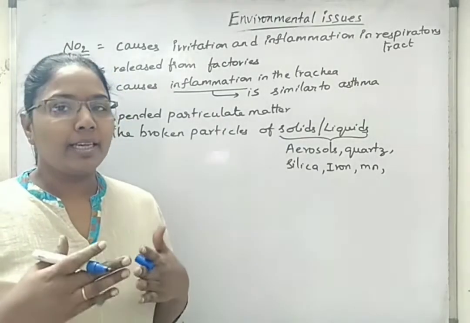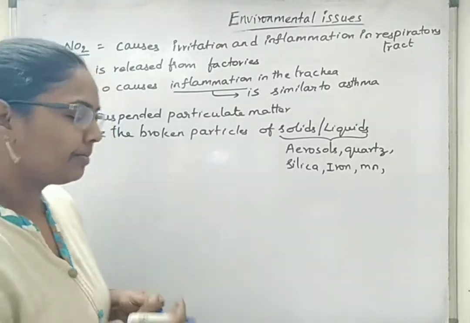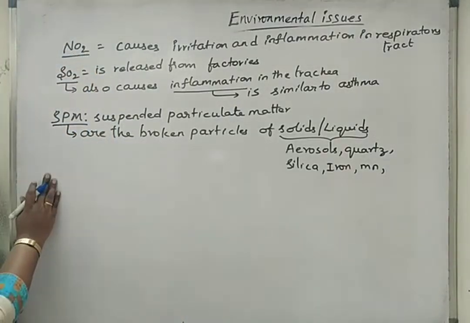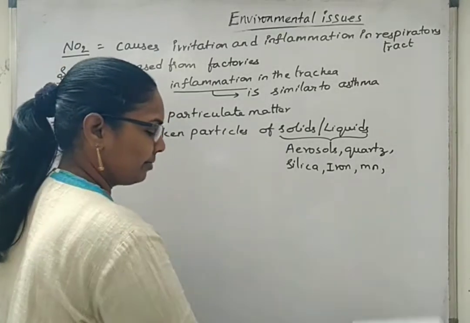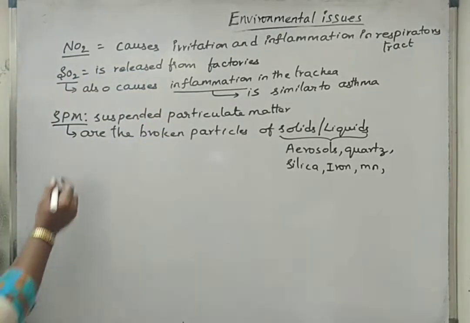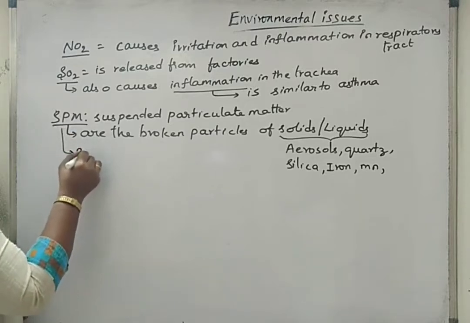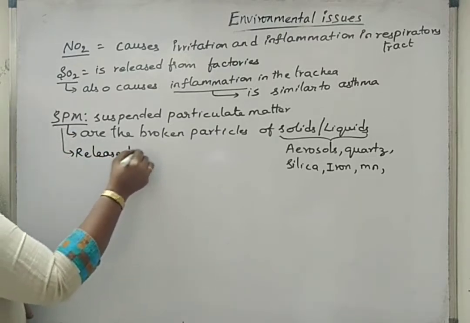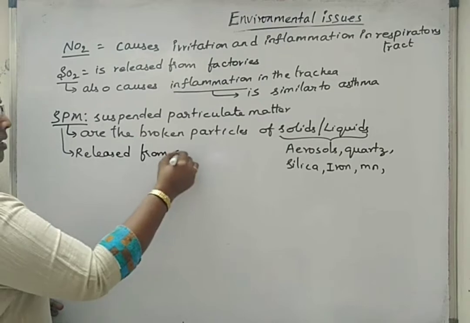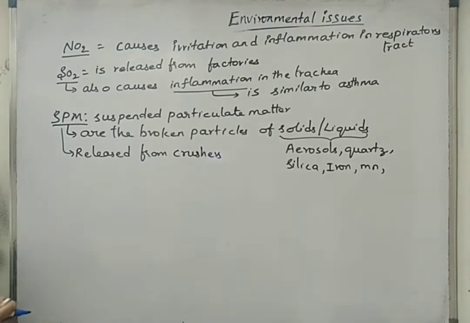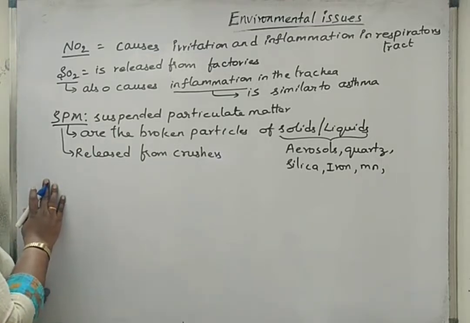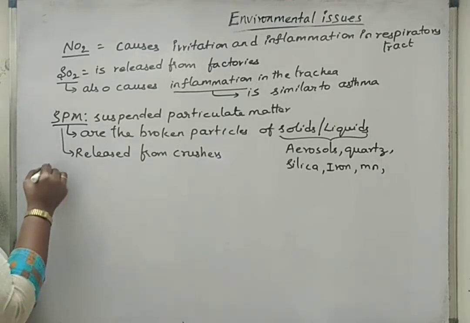Particulate matter can be a natural pollutant. So, suspended particulate matter is released from crushers. When large stones are broken into smaller ones, those places will have more content of suspended particulate matter.